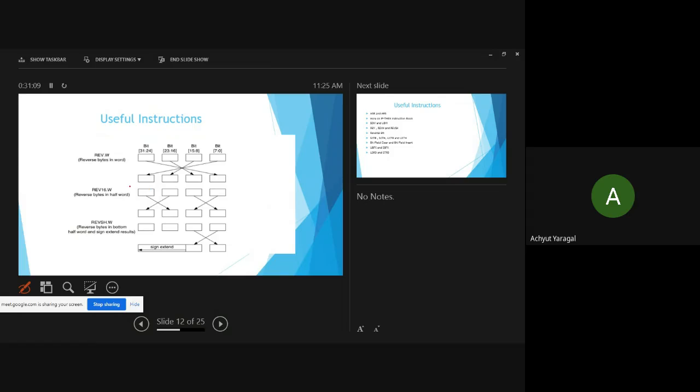Now if you go into the reverse REV16.W, that is nothing but REVH here actually. REVH, the reverse bytes in half word. So that's what is going to happen. It is going to happen within the half word itself only. See here, 0 to 7 bit has been exchanged here, and 8 to 15 bit is exchanged here. That is what we are having. 56 here, and here it is 78.